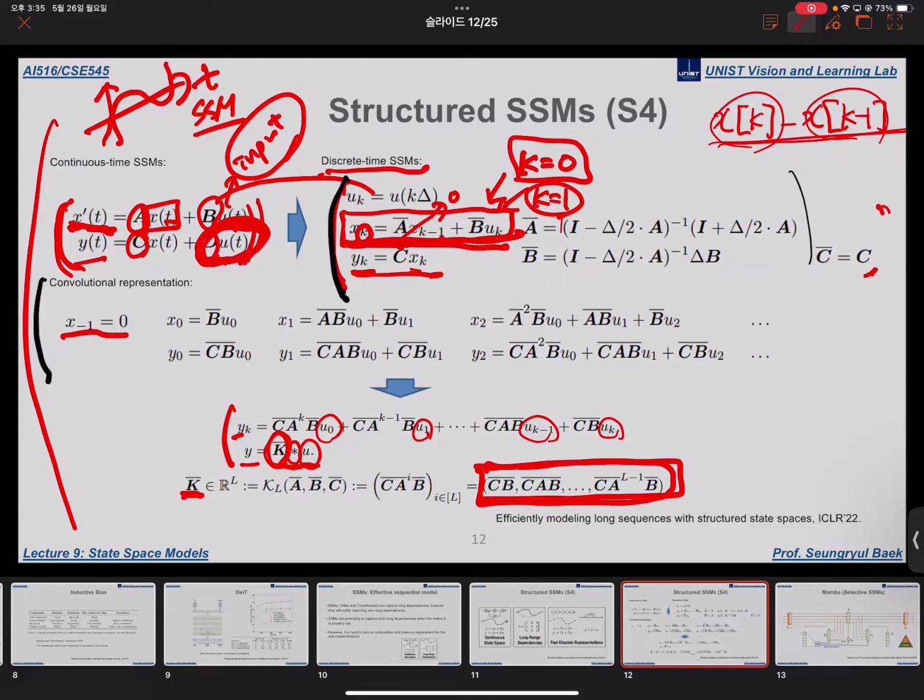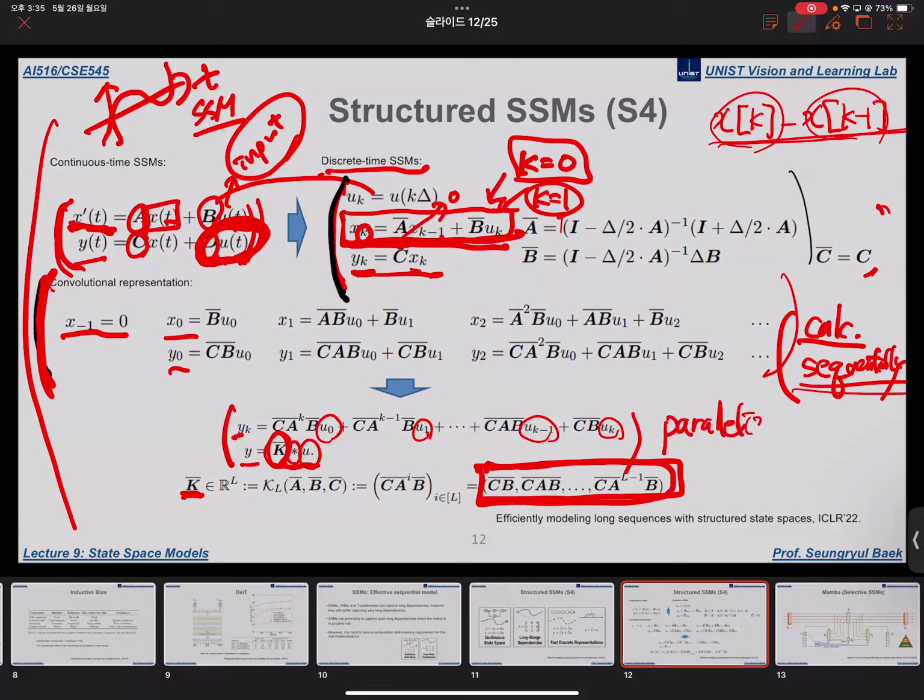So one way to calculate the overall hidden state and output values is calculating them sequentially, but it may take a lot of time. But we can parallelize this process by applying one filter kernel on the input signal.